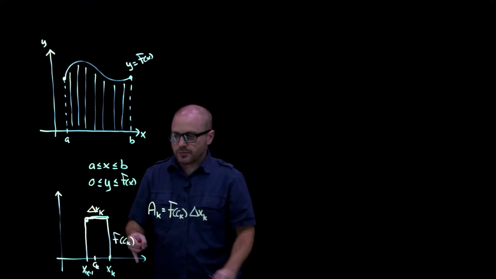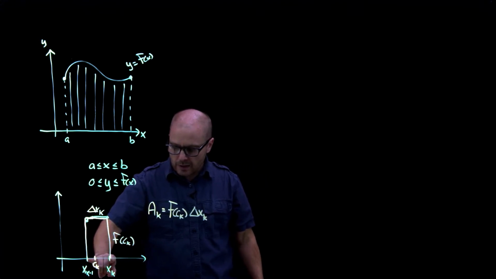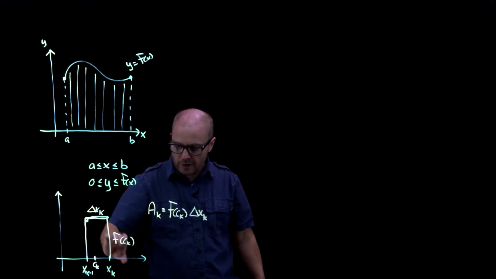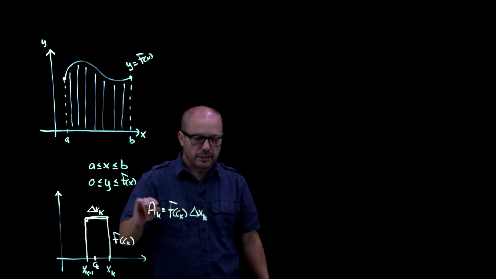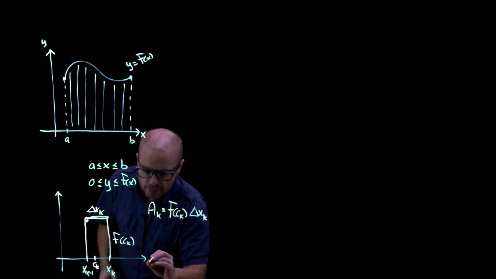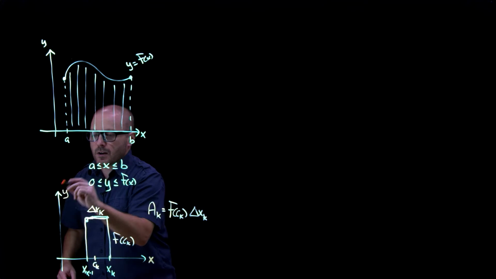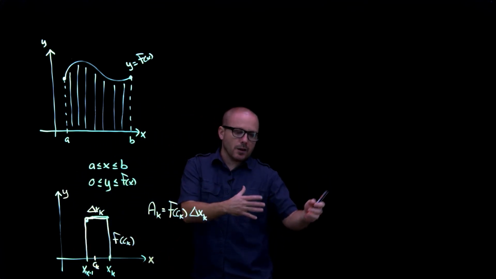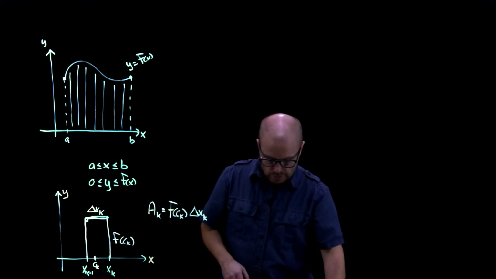And the key is you take over some small range, some small change in the independent variable, you keep the dependent variable fixed. And the result is a rectangle, right? So that's the basis of Cartesian integral calculus there, right? So what would be the analog over here in polar?